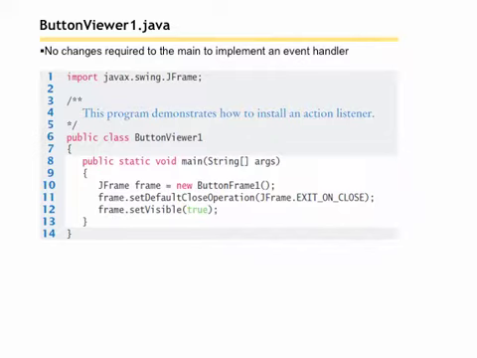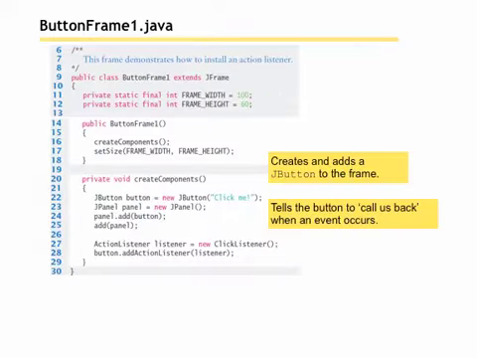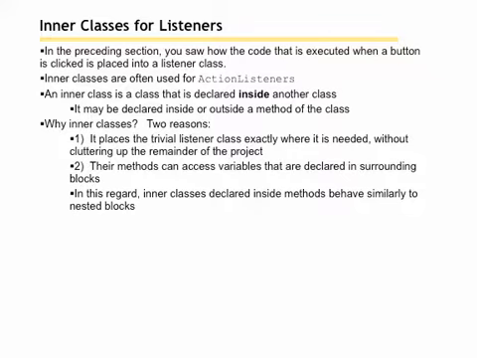Here's an example of our button viewer 1 that creates a button frame and then sets the default close operation and then sets visible to true. We didn't set the size. Oh, there's the size. Look at it right there at 11 and 12 is where we create the constants, and then at line 17 is where we create the size.